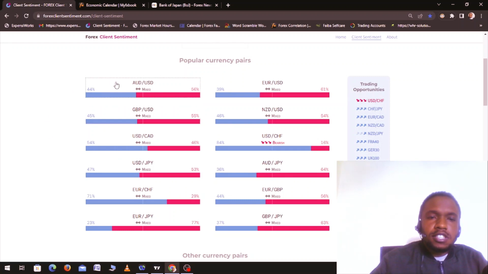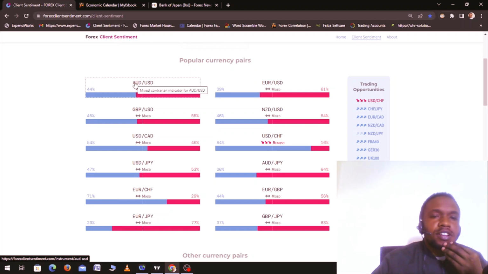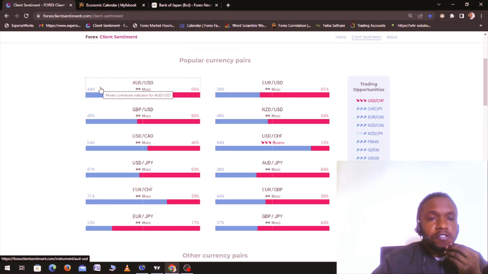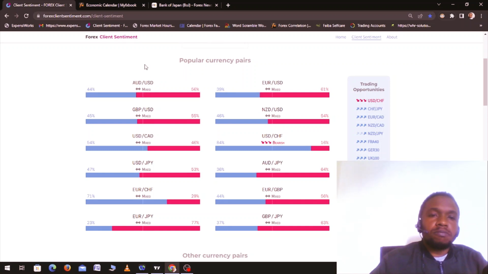Clearly, for AUD/USD, there's 44% of the retail traders and 56% on the other side. So smart money is buying it, and retail traders are selling it. But according to them, it's mixed. They have not given clear data on whether it's bearish or bullish.